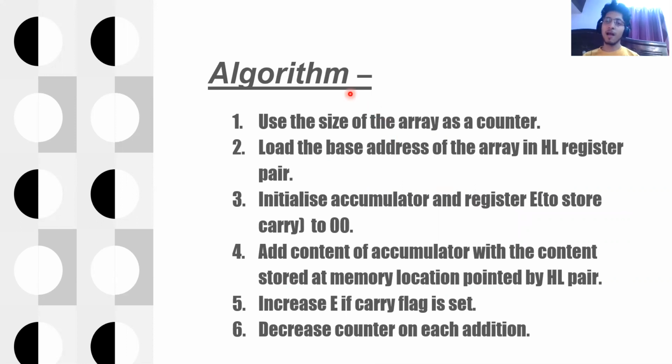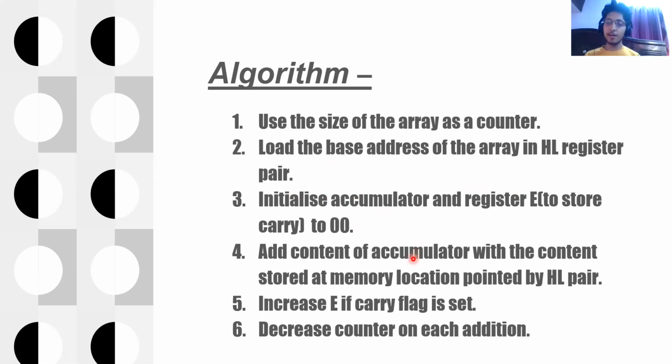So now coming to the algorithm of the program. First, we will use the size of the array as a counter because that's the number of elements that we actually want to add. Then we will load the base address of the array in the HL register pair. As our registers A and E will be storing our final result, A will be storing the sum, the lower byte, and our register E will be storing the higher byte or the carry.